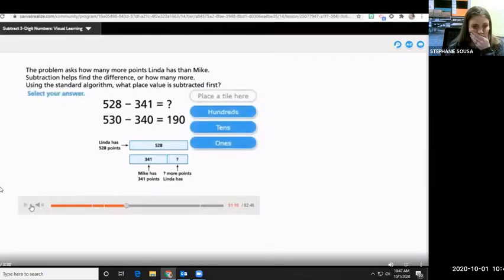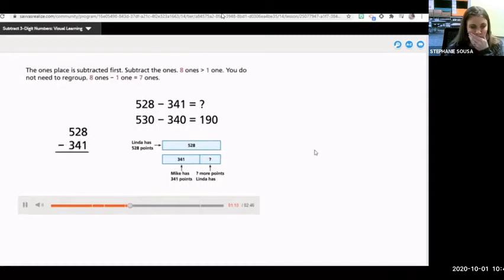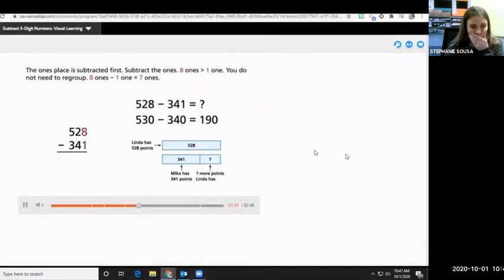Select your answer. Alrighty, we know that it's not the hundreds. We know that when we subtract, we go to the ones place first. The ones place is subtracted first. Subtract the ones. 8 ones is greater than 1 one. You do not need to regroup. 8 ones minus 1 one equals 7 ones.